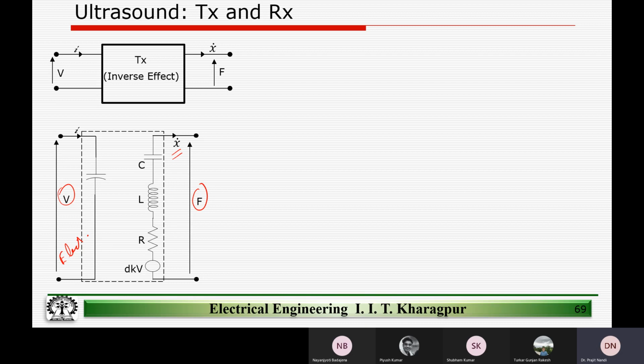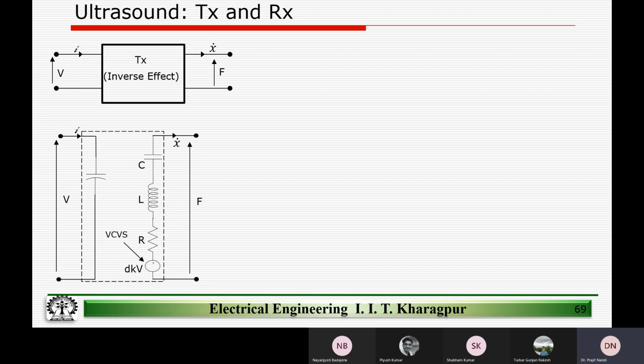What are the parameters that we understand by now? We have applied a voltage V, and what I have put here is a voltage controlled voltage source given by dkV, where d is the piezoelectric constant, k is the mechanical property, and V is the voltage that we have applied.